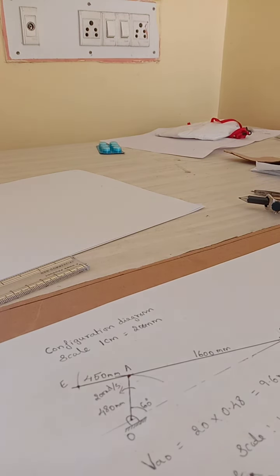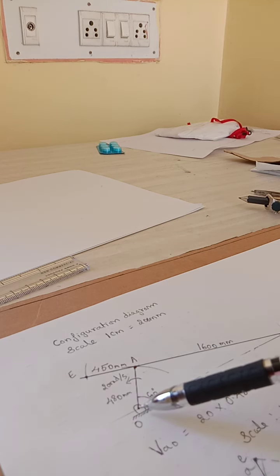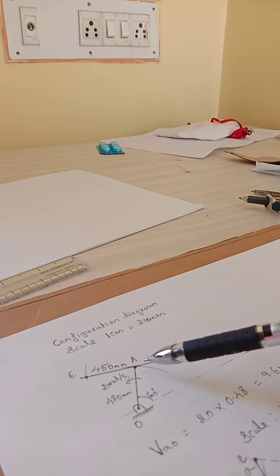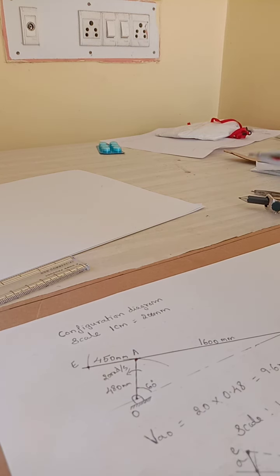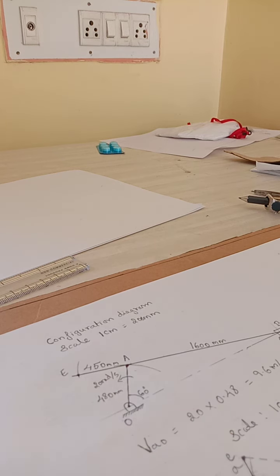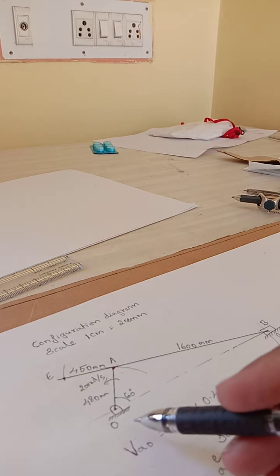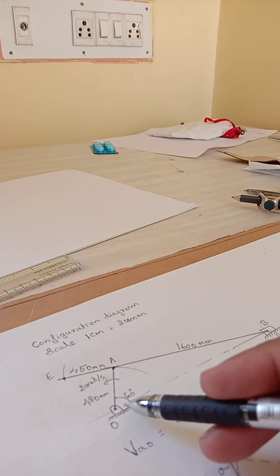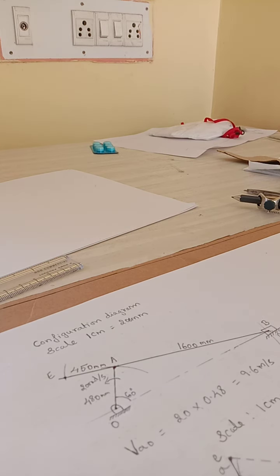So this is the problem, and here we have a crank OA. This crank is rotating at omega equal to 20 radians per second, that is, angular velocity is equal to 20 radians per second. Now I told you for every link there will be two components of acceleration.